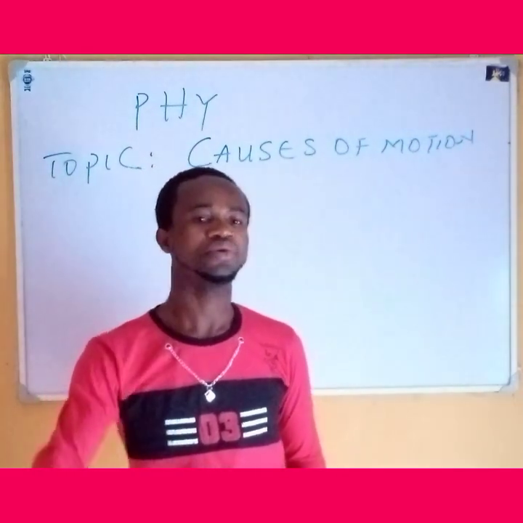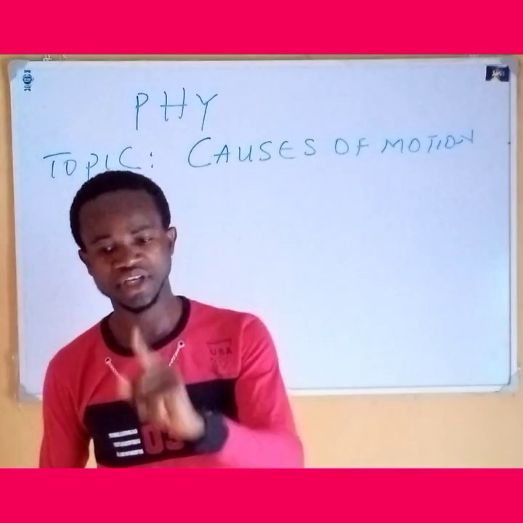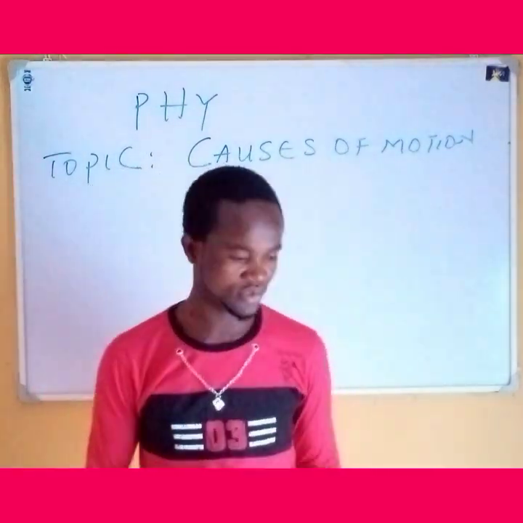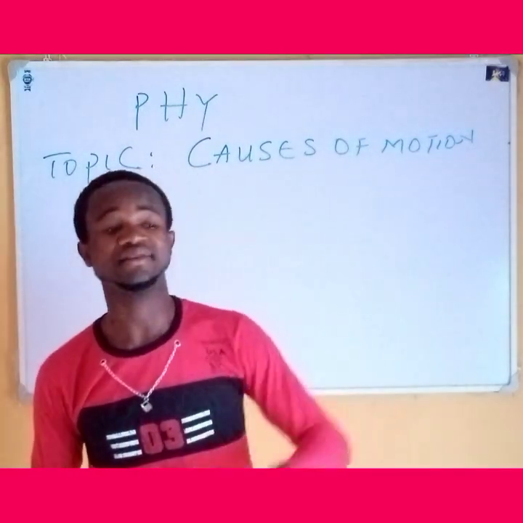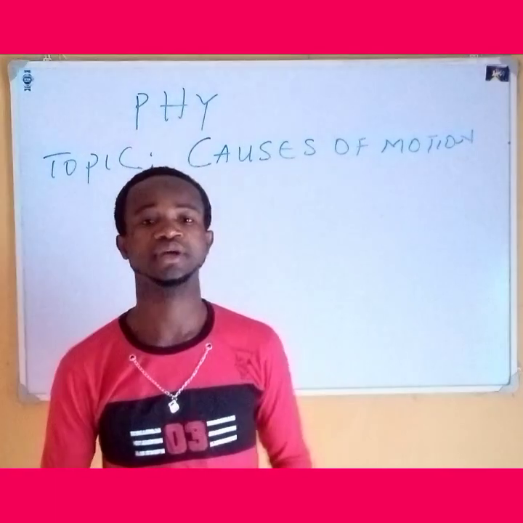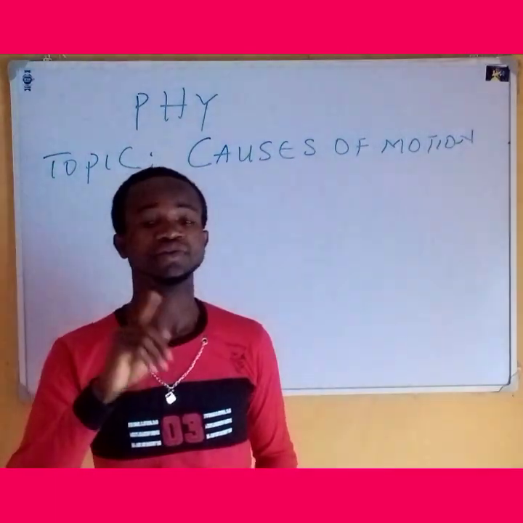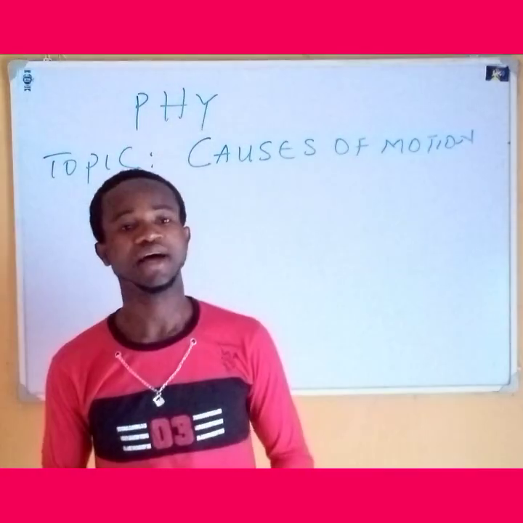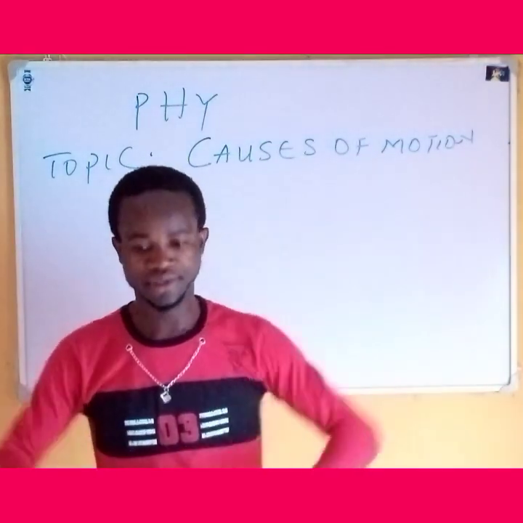Now, to recall what Isaac Newton said in his first law, he said that an object will continue to stay at rest or in uniform motion in a straight line unless acted upon by an unbalanced force. So to break down this law, what does it mean in reality? It means that in the absence of force, an object will continue to remain the way it is.